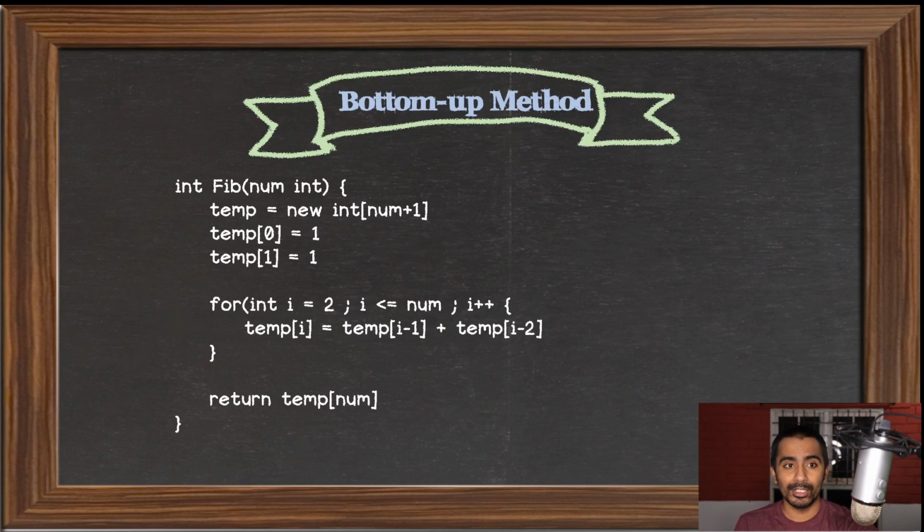So if you think about it, we do our calculations from smaller problems or bottom level problems in the recursion tree we saw, and then move to bigger numbers and finally calculate the result we want. So that's the introduction to dynamic programming and different ways we can implement the dynamic programming problem.